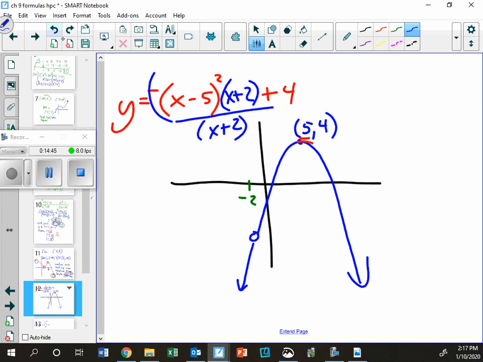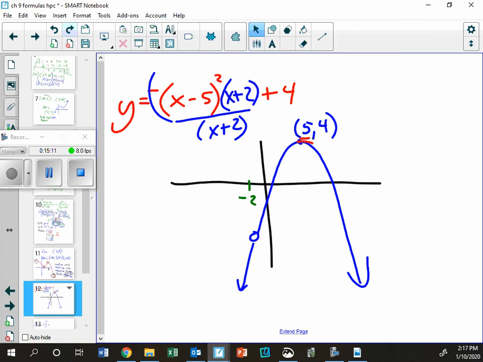That's why I don't like this way, because if you're not careful with that denominator, if I extend this all the way out, then that x +2 wouldn't cancel. So I think that other way, where you put a parenthesis around the original equation before you put the hole in, is the safest way.